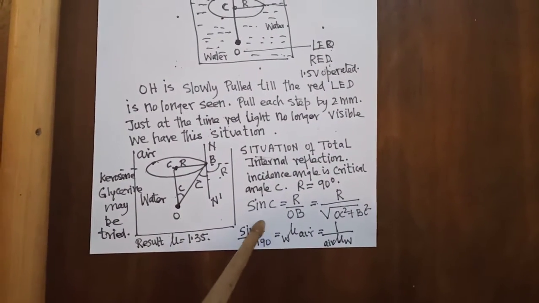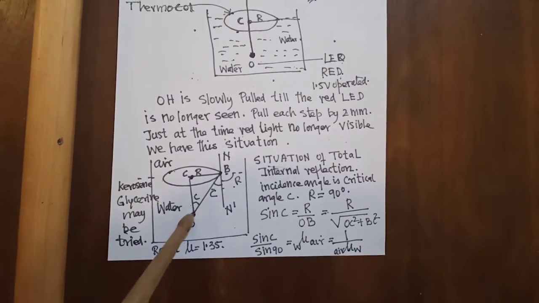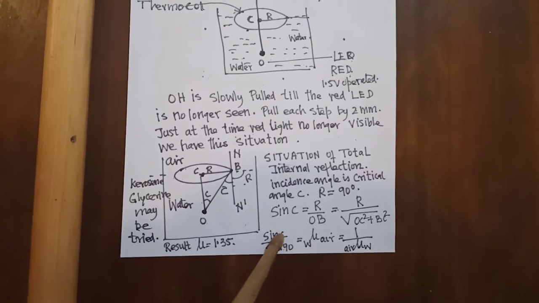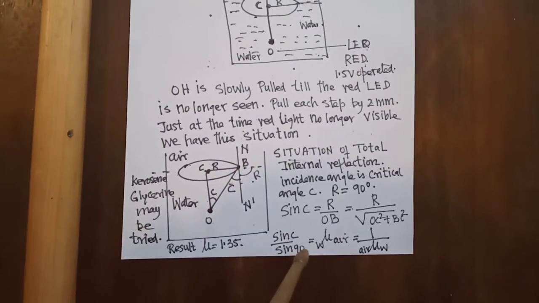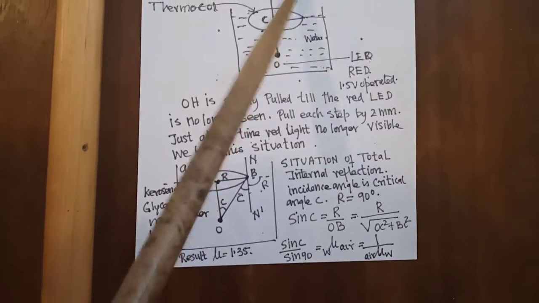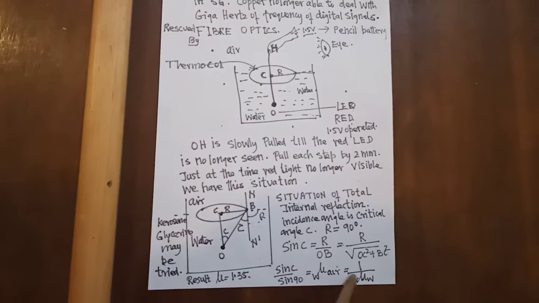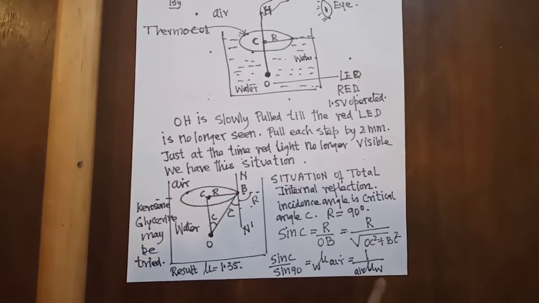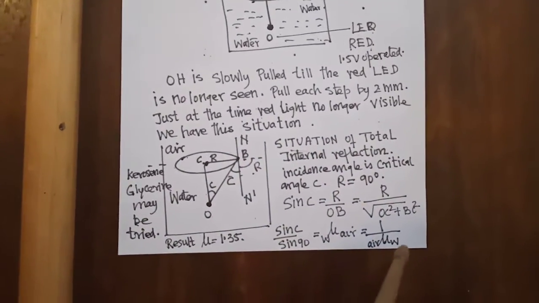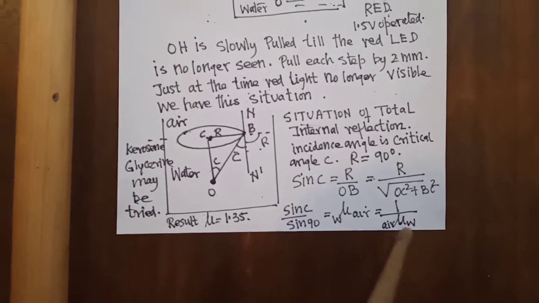So now sine C by sine 90. At the time of total internal reflection, C is the critical angle and sine 90 is 1. So this is mu of air with respect to water, which means it is the same as this one, where we have mu of water with respect to air.